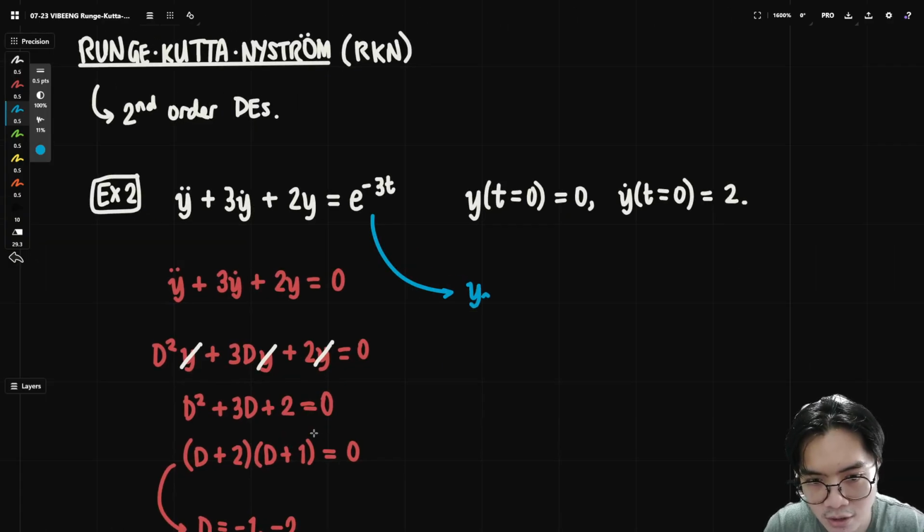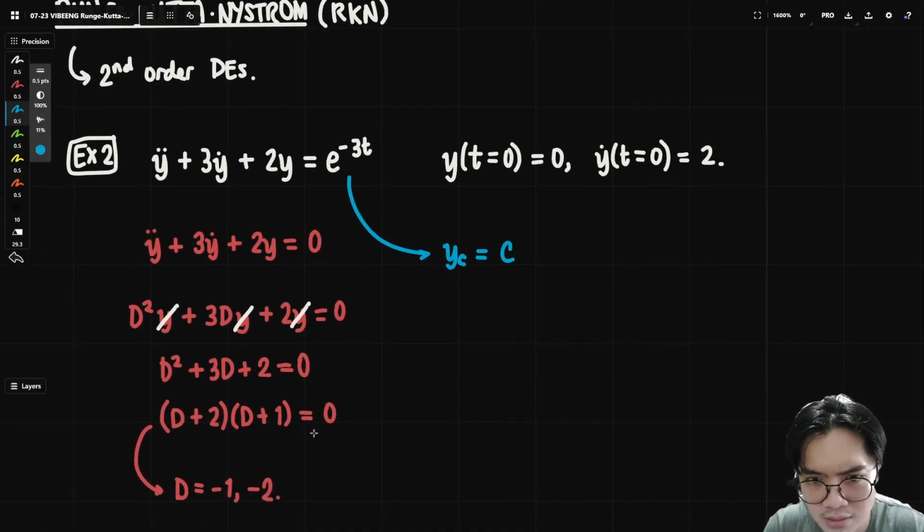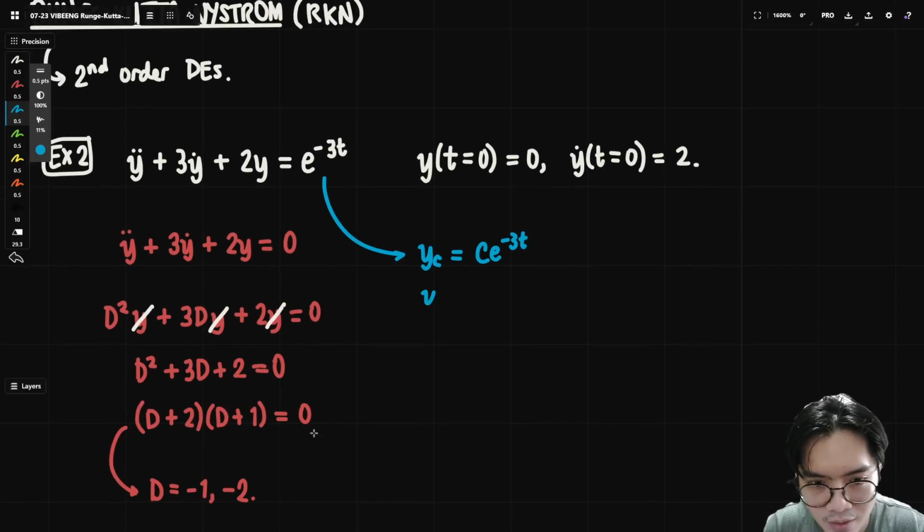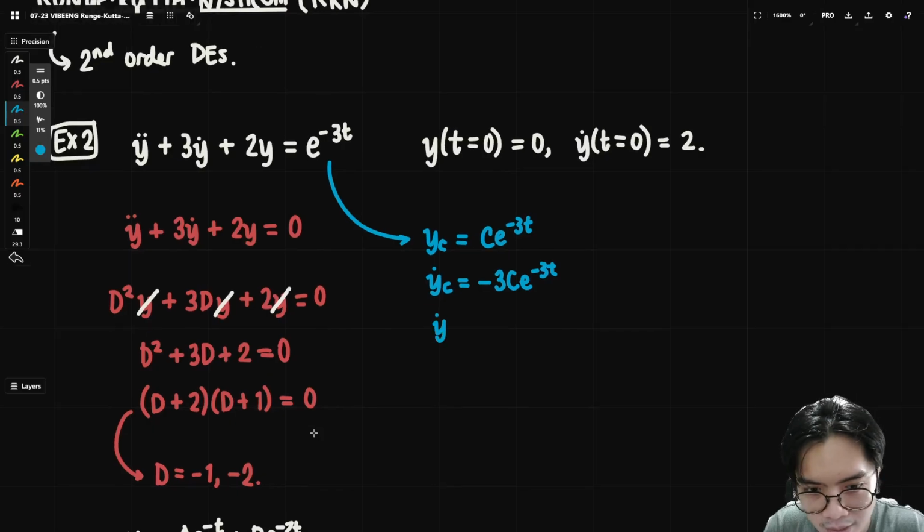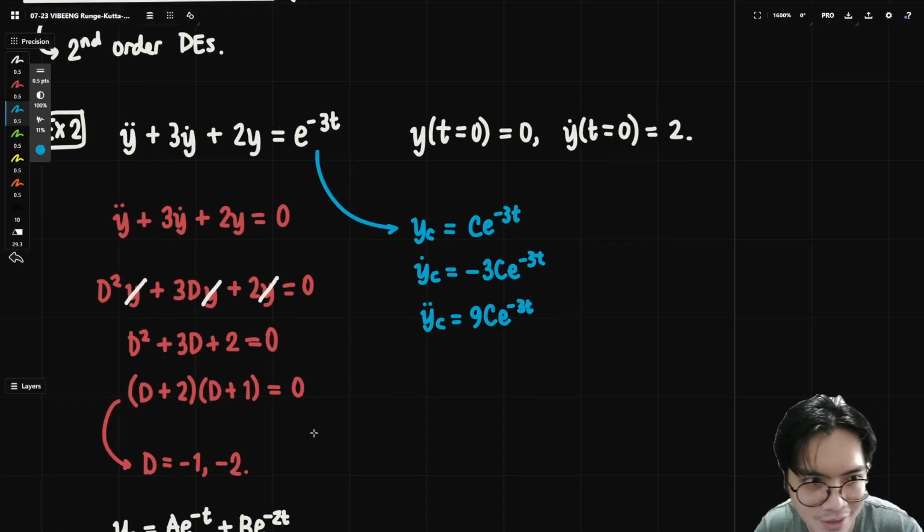In this case, very easy, C e raised to negative 3t. Meaning, our y dot will be negative 3C e raised to negative 3t, and our y double dot will be just 9C e raised to negative 3t. You guys can chain rule that yourself.